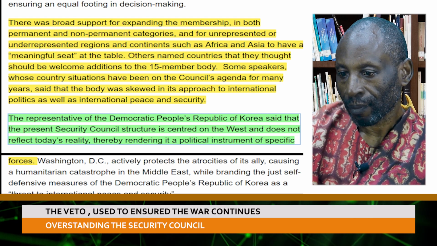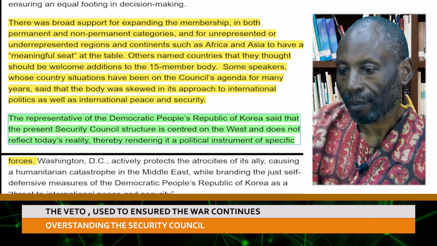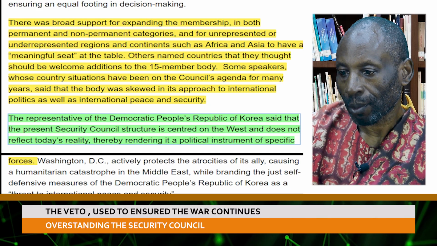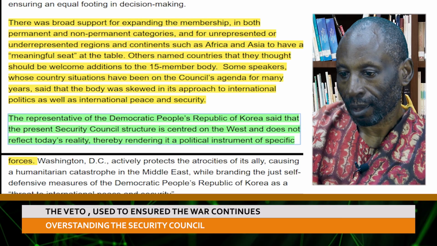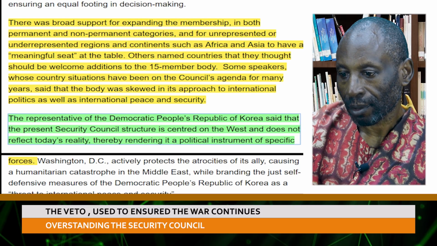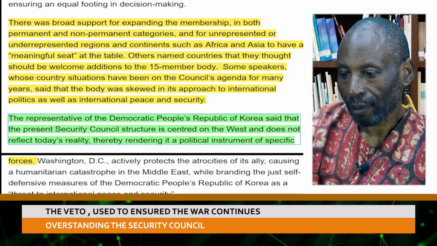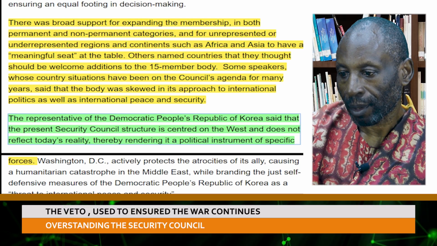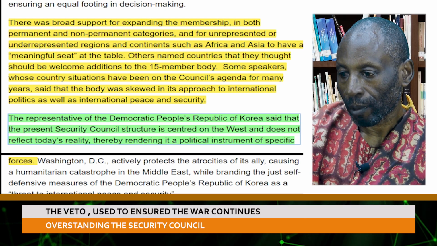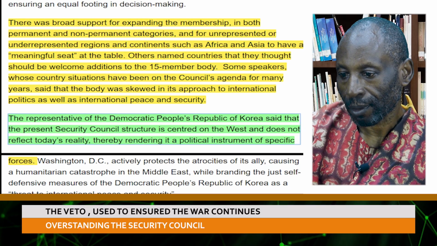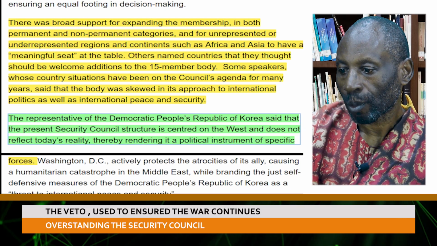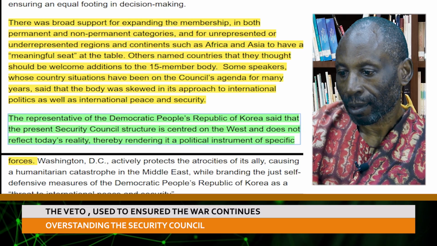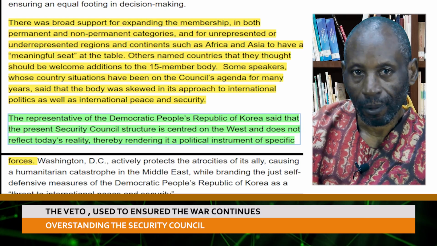Some speakers whose country situations have been on the Council's agenda for many years said that the body was skewed in its approach to international politics as well as international peace and security. For example, the representative of the Democratic People's Republic of Korea said that the present Security Council structure is centered on the West and does not reflect today's reality, thereby rendering it a political instrument of specific forces.